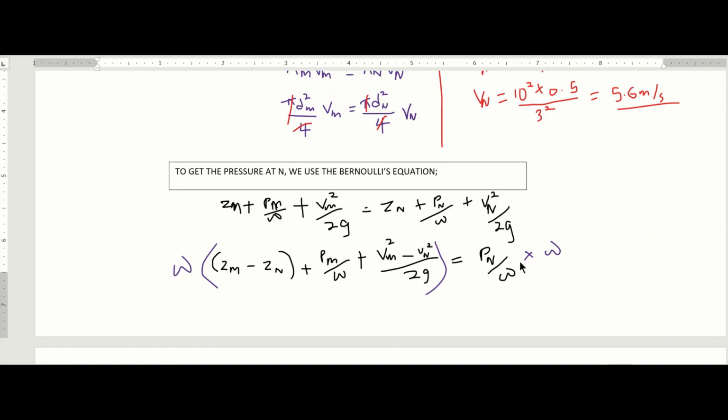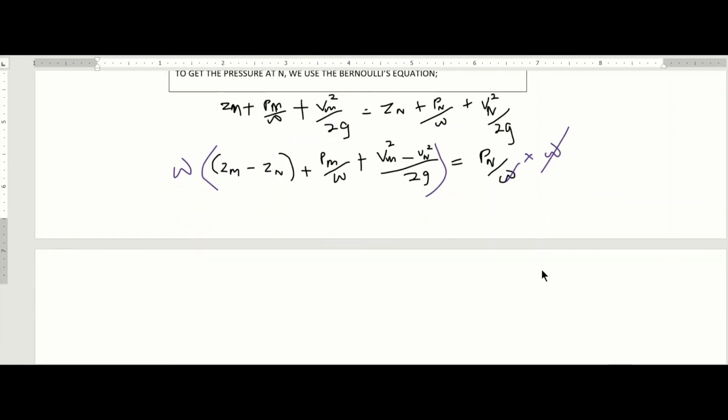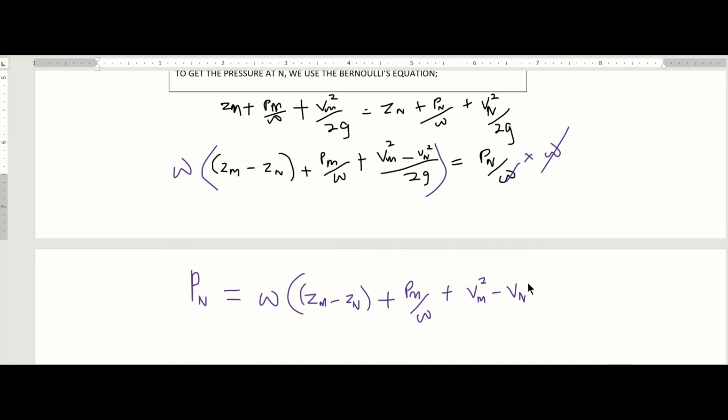That means these cancel out, so I am left with the pressure at N is equal to the specific weight, which is of water, times the datum level at M minus the datum level at N, plus the pressure at M over the specific weight of the fluid plus velocity at M squared minus velocity at N squared over 2g.